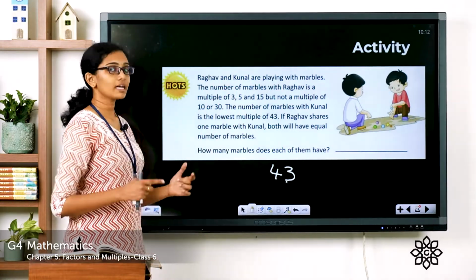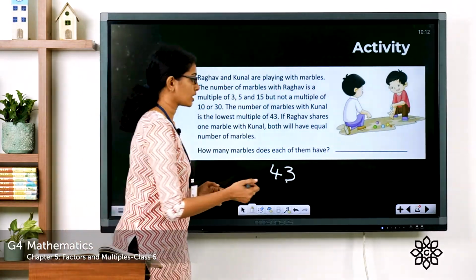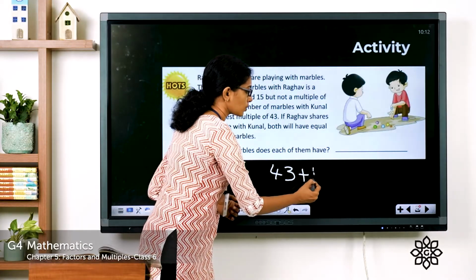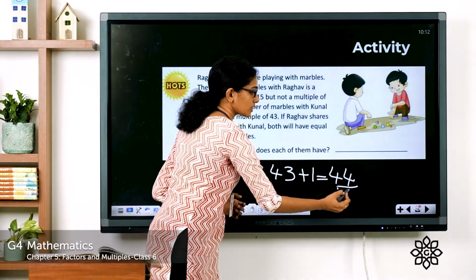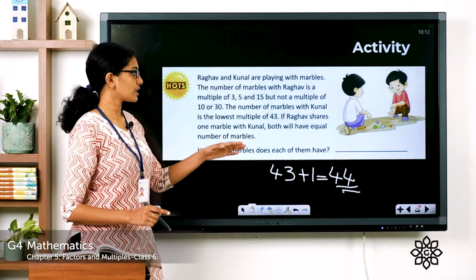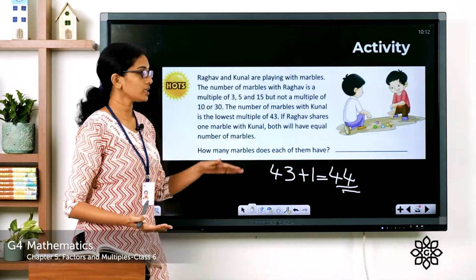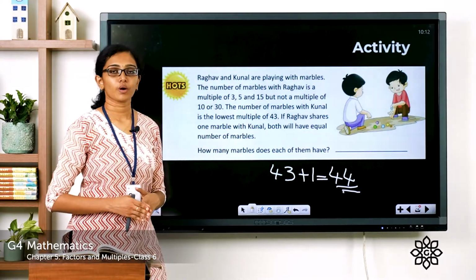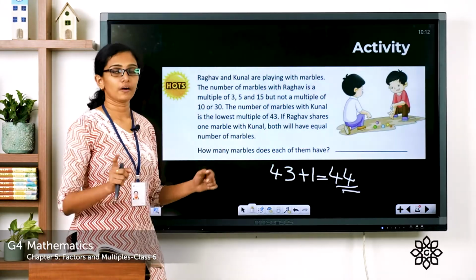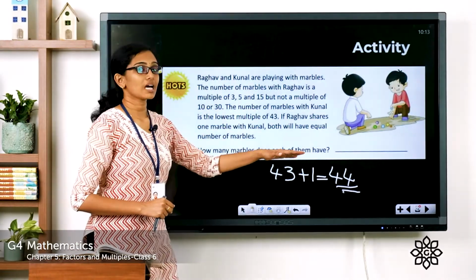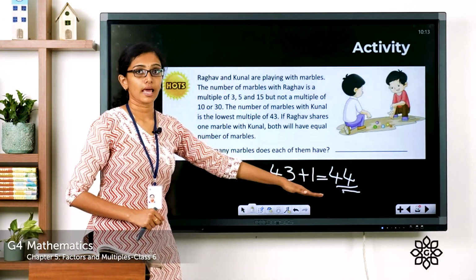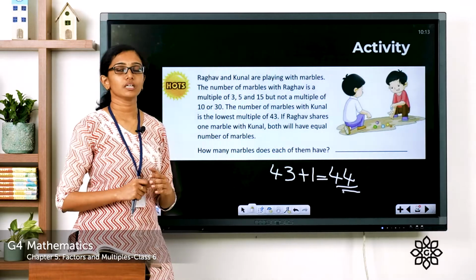When Kunal gets one marble from Raghav, the number of marbles with Kunal will be 43 plus 1, 44. And at that point both will have the same number of marbles. So after sharing one marble with Kunal, both Raghav and Kunal will have 44 marbles each.